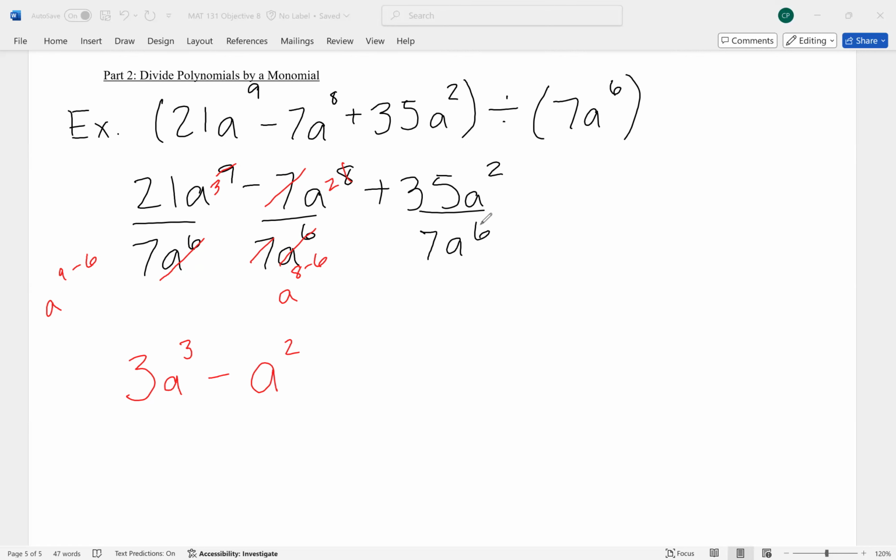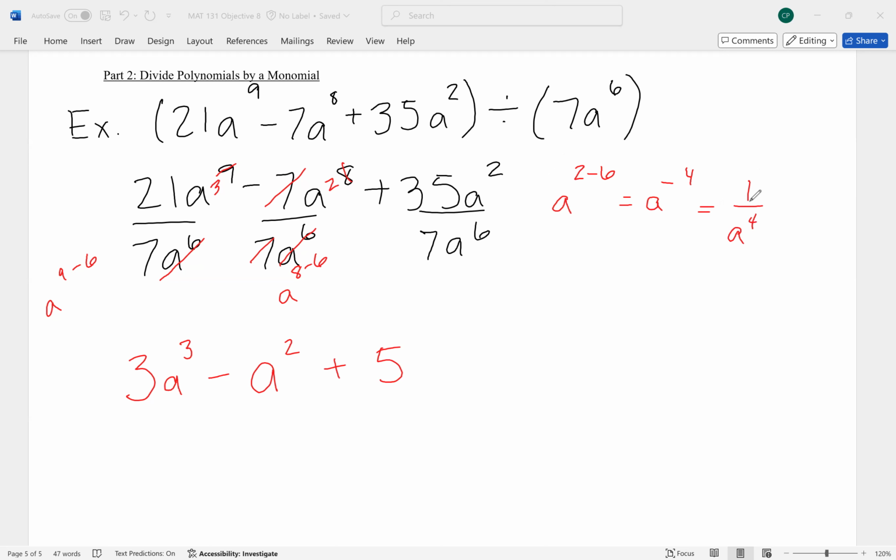Then for the third one, we have 35 over 7, all right, which is going to be 5. And then with our a's, we could do a to the 2 minus 6, which is going to be a to the negative 4. And of course, according to our rules, that will be 1 over a to the 4th, okay?